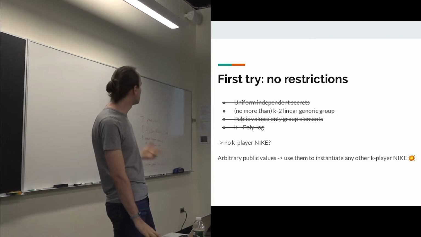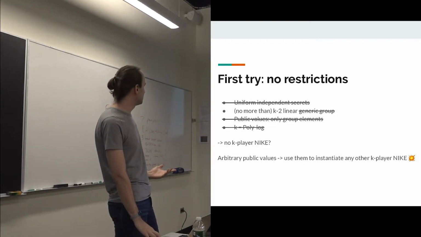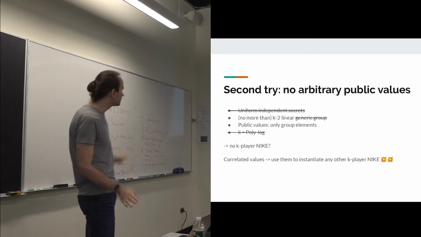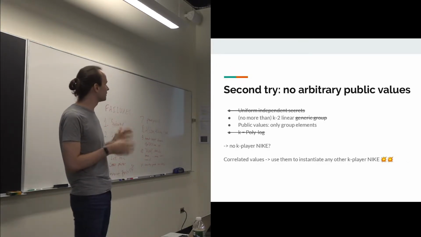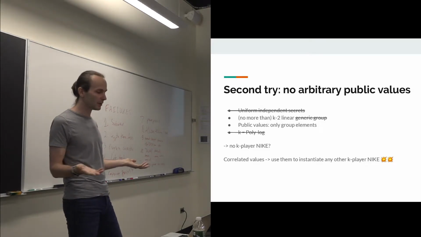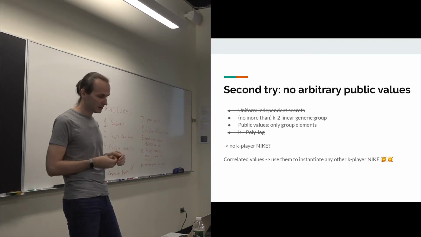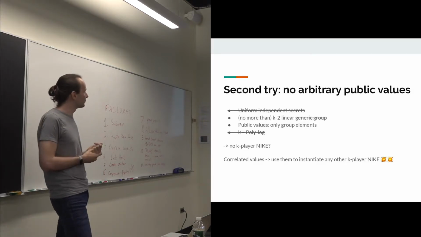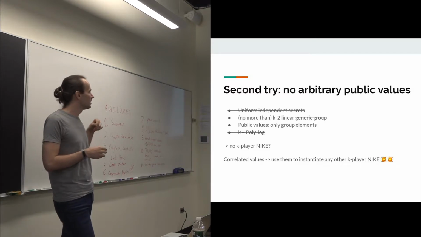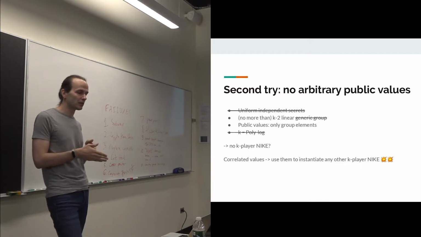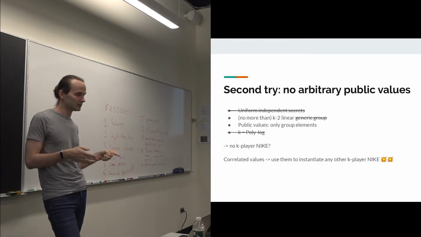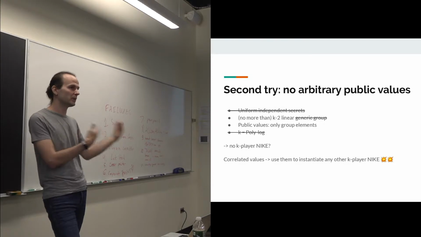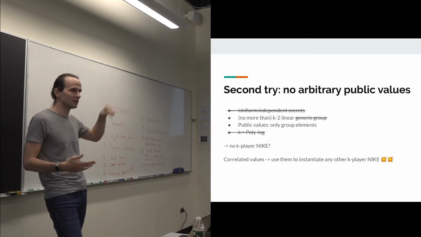So you have to make a restriction on the published elements. Let's say you're only allowed to publish group elements. You can still encode arbitrary information by adding correlations in your secret values. As soon as you can convey a bit of information, you could do the same attack as before.